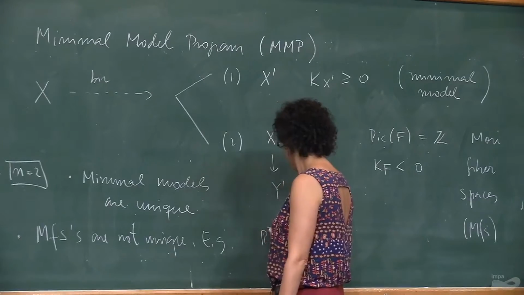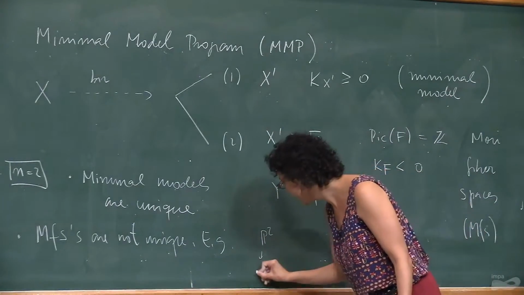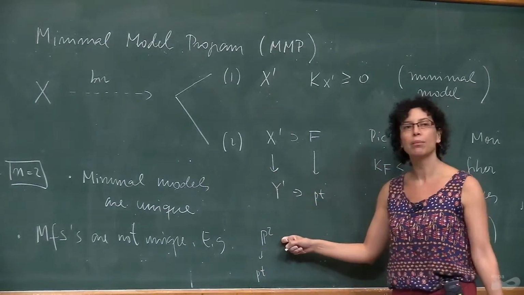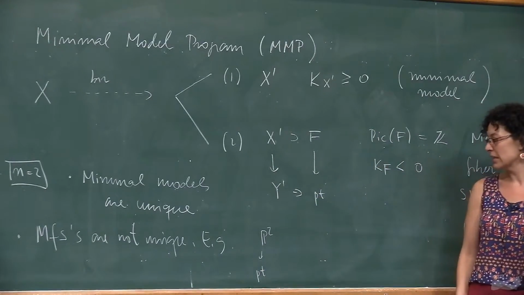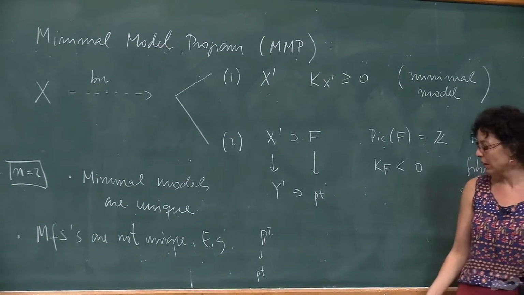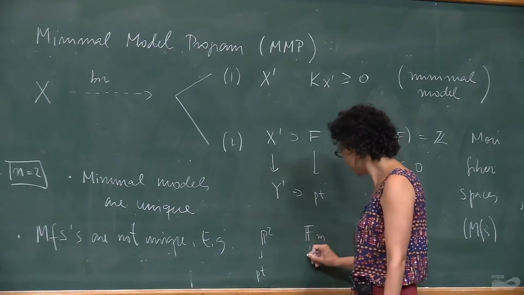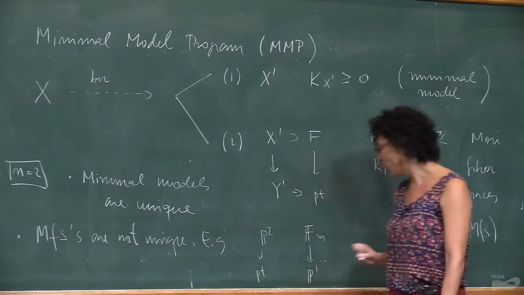For instance, if you look at P^2, P^2 is an example of a Mori fiber space. It's fibered over a point. It has Picard number 1, and the anticanonical class is ample. The canonical class is minus 3L. But you also have all the Hirzebruch surfaces that are fibered over P^1.